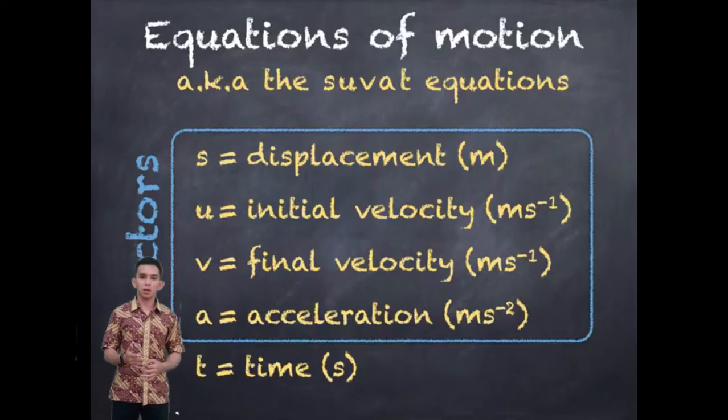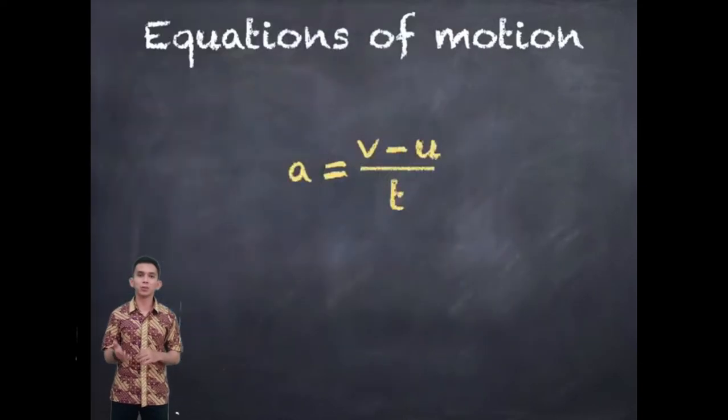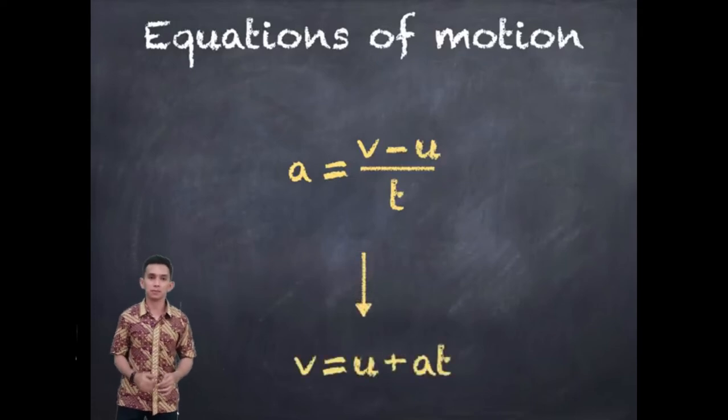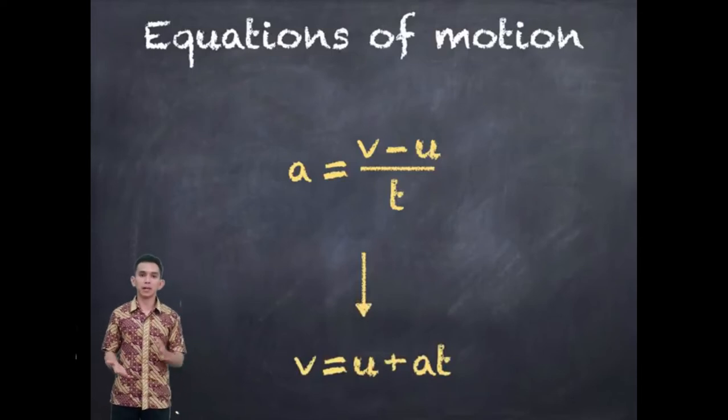Here's the first. We'll start with an equation we already know from the previous chapter, which is a equal to v minus u over t, and arrange it to give the new equation v equal to u plus at. It's a good idea to practice writing down these derivations yourself. So, in the first line, you'd write a equal to v minus u over t.